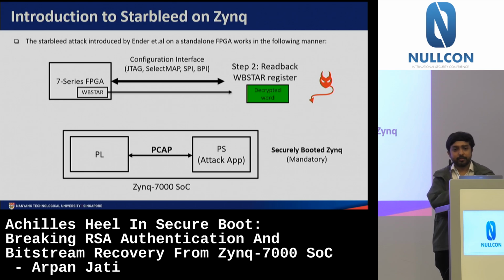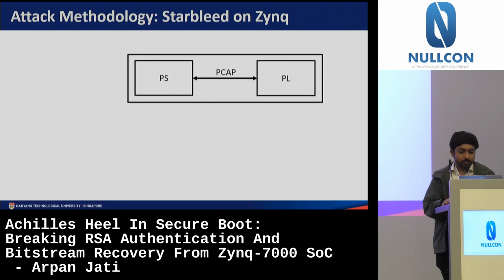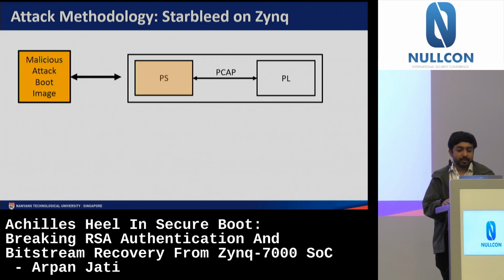The PL part more or less remains the same, so all the commands actually work there as well. How the attack works is that we have a malicious boot image, and it runs on the PS, and it starts working because the initial part is correct. Then a small bit stream is sent over this PCAP.